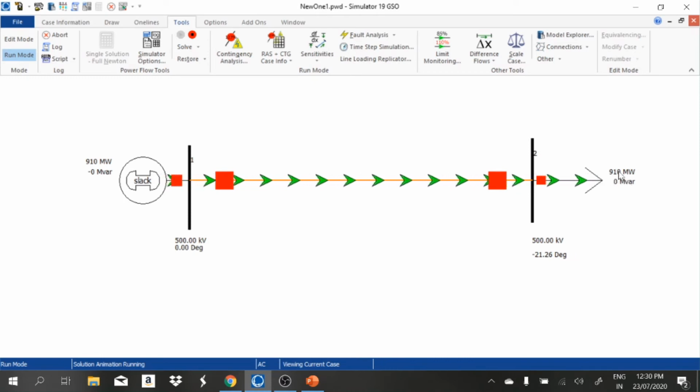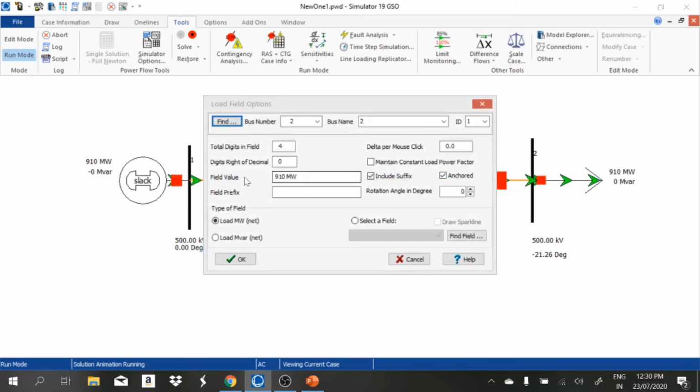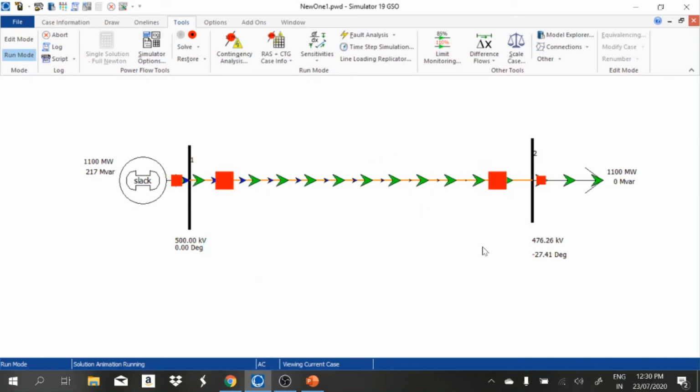Now we increase the power to more than the surge impedance loading, 1100. Yes, now we can see the voltage at the receiving end has started reducing, and there is reactive power flow from the generator towards the line.